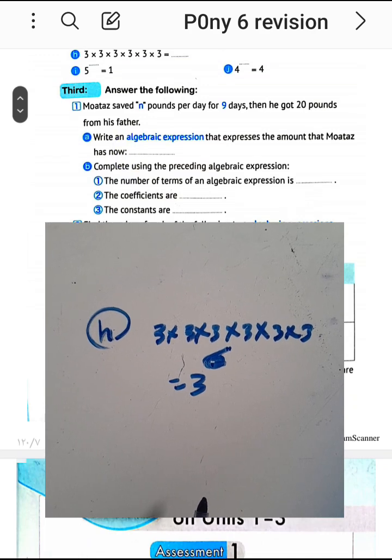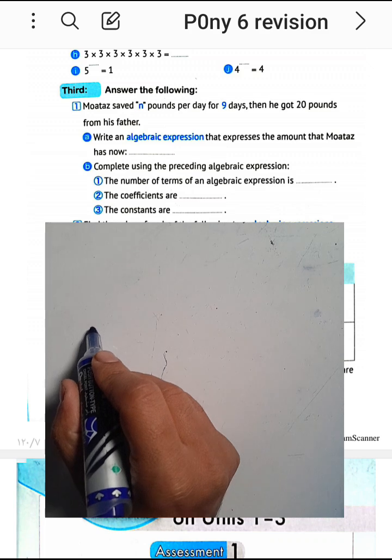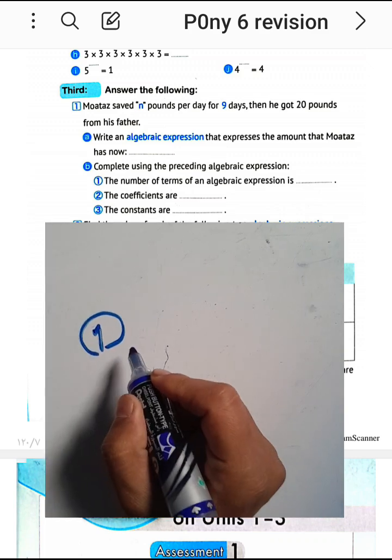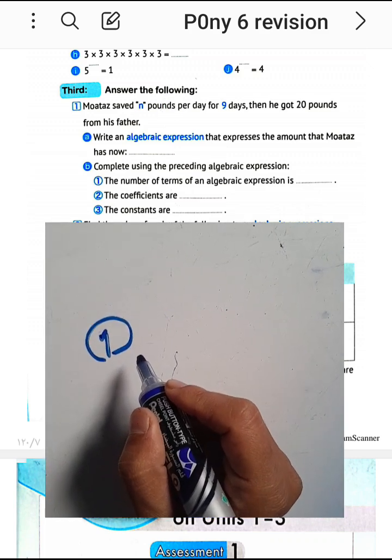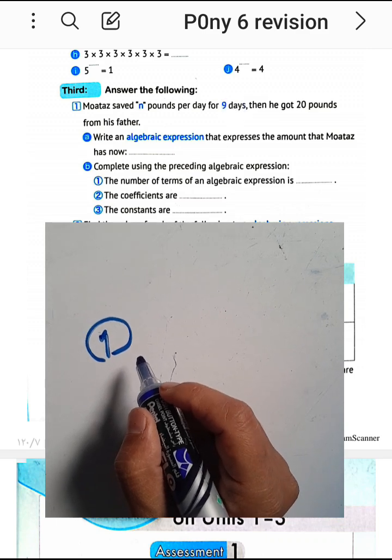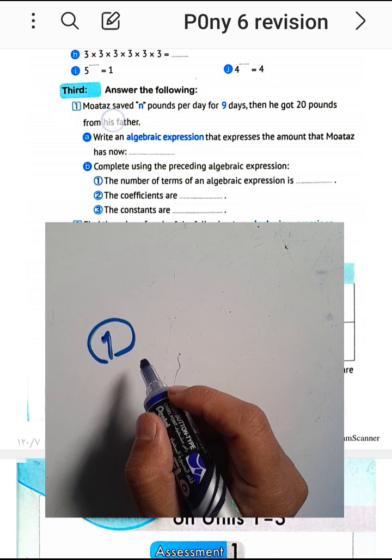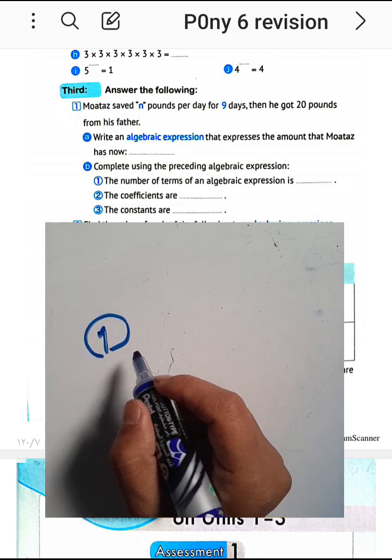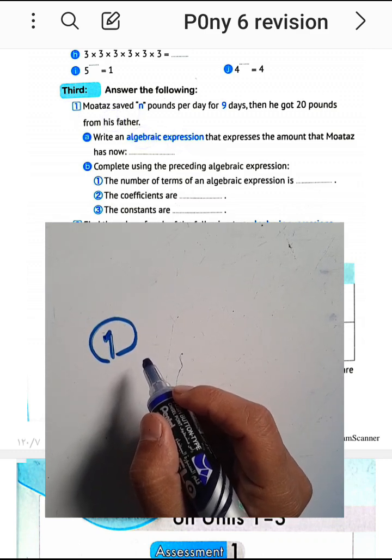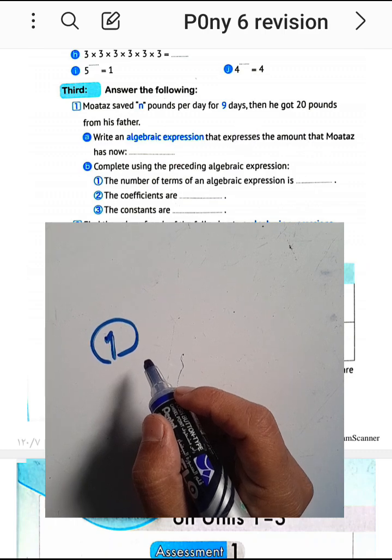Third question, answer the following. Number 1. Mu'taz saved n pounds per day for 9 days. Then he got 20 pounds from his father. Write an algebraic expression that expresses the amount that Mu'taz has now.